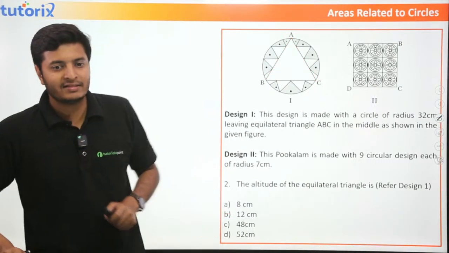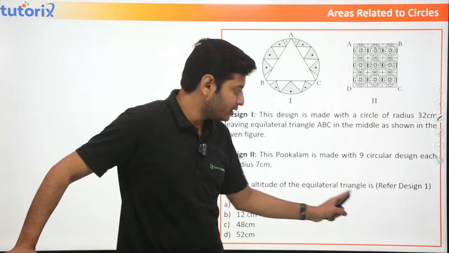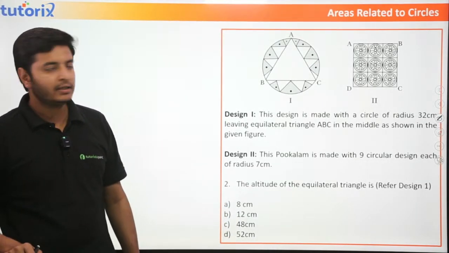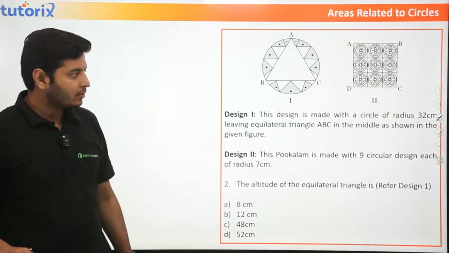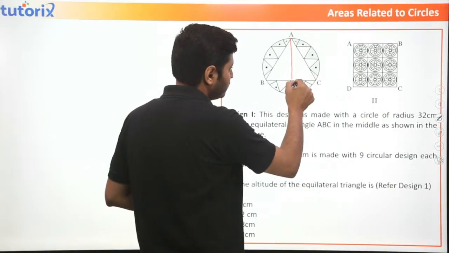Now, second part. The altitude of the equilateral triangle is. Now you need to find the length of the altitude in this triangle. So let me draw one of the altitude.